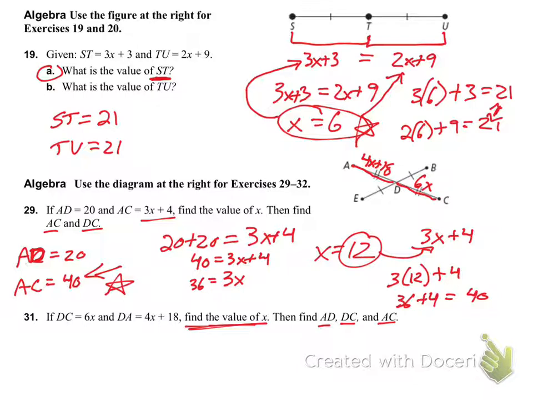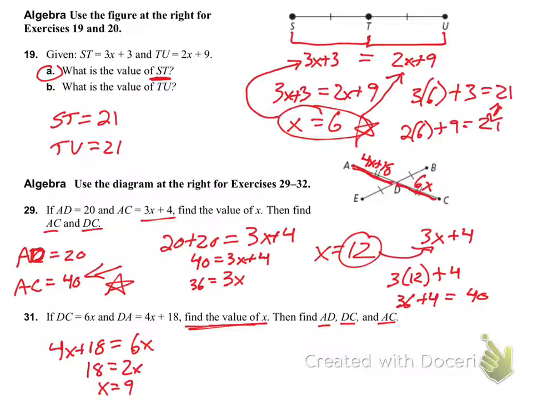Again, with those hash marks, if there's 2 on AD and 2 on DC, that means they're equal to one another. So I can set one side, 4x plus 18, equal to the other side, which is 6x. I'm going to minus 4x on each side, so I get 18 is equal to 2x. So then x would be equal to 9.